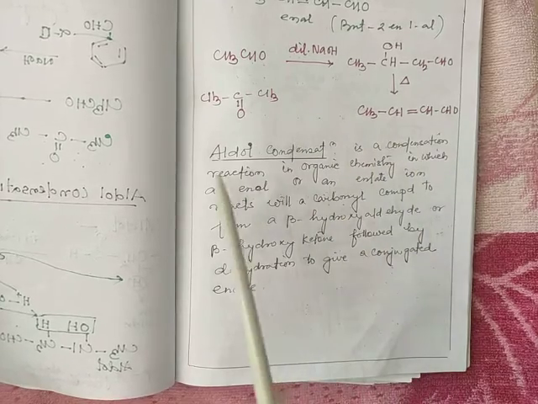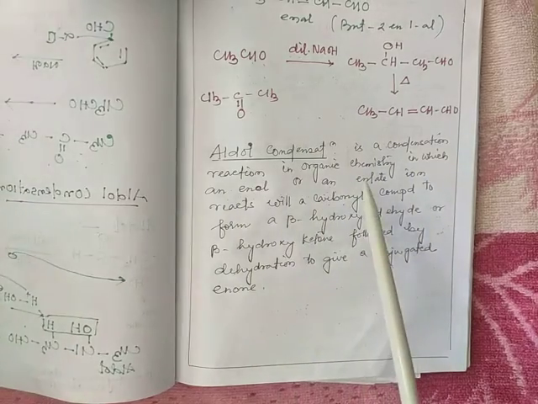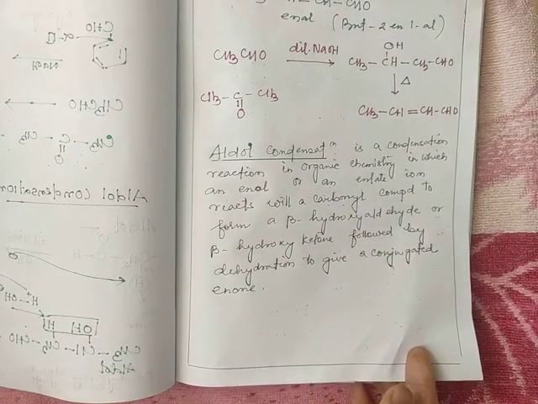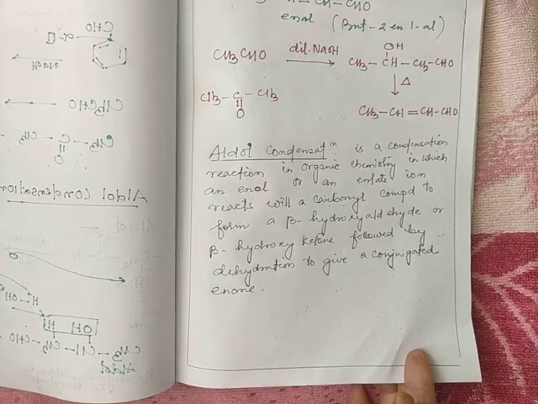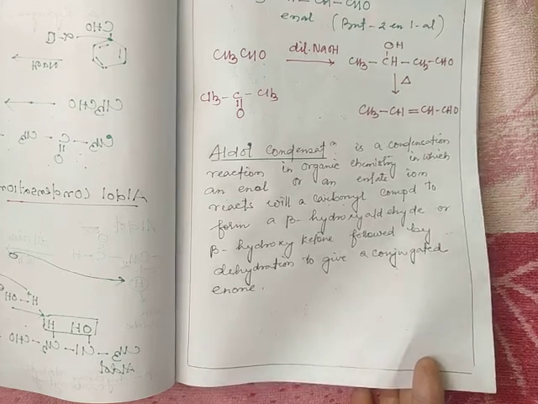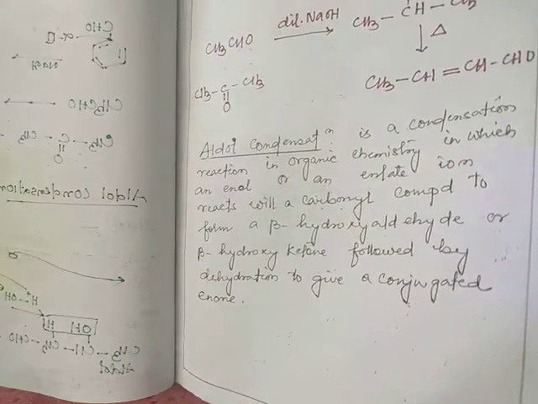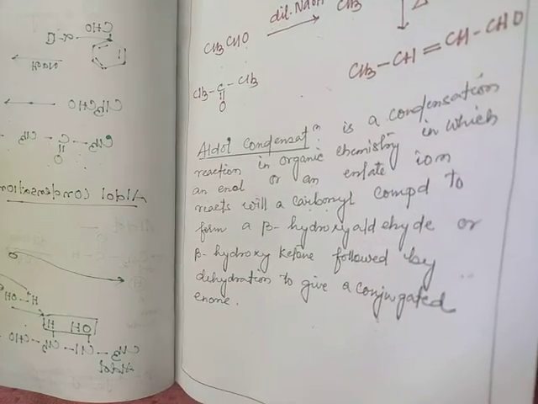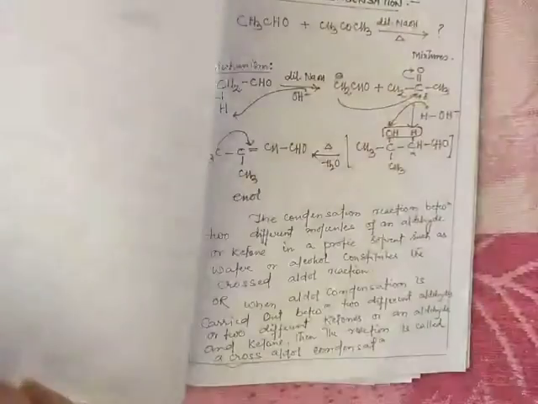The aldol condensation is the condensation in organic chemistry in which an enol or an enolate ion reacts with a carbonyl compound to form a beta hydroxy aldehyde or beta hydroxy ketone, followed by dehydration to give the conjugated enone.